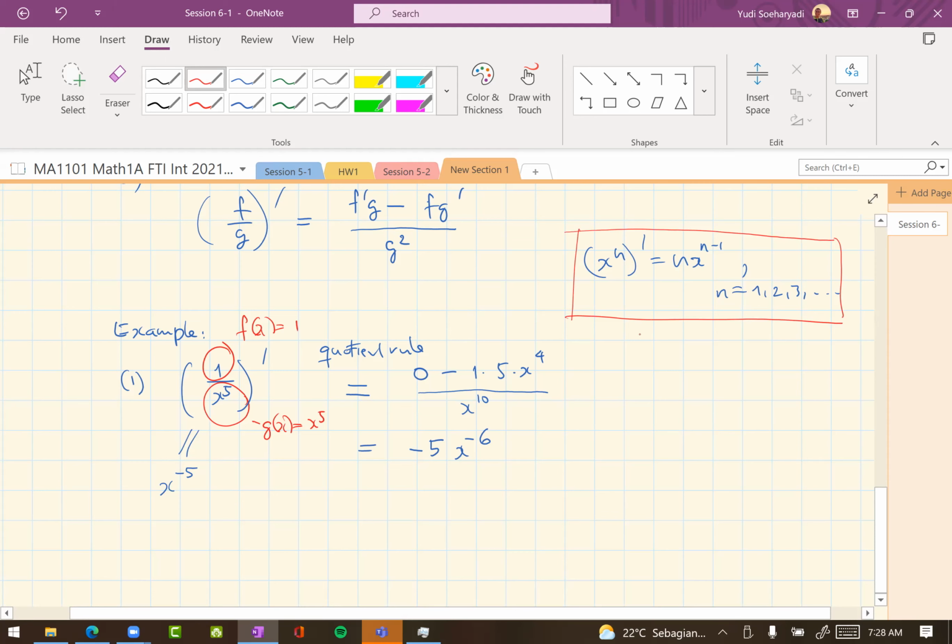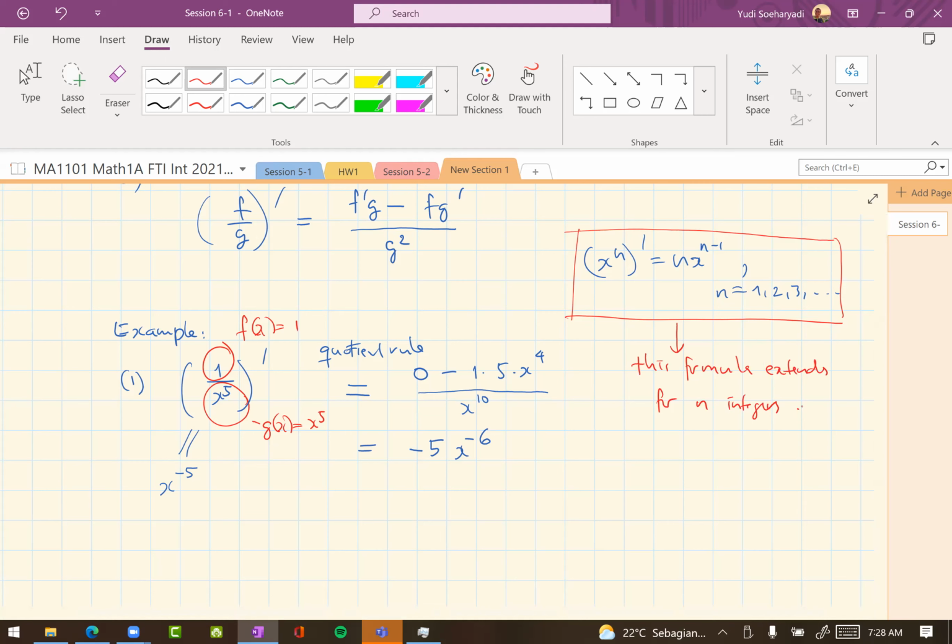So you can extend this formula, which was for natural numbers, to integers, so it may involve a negative power.